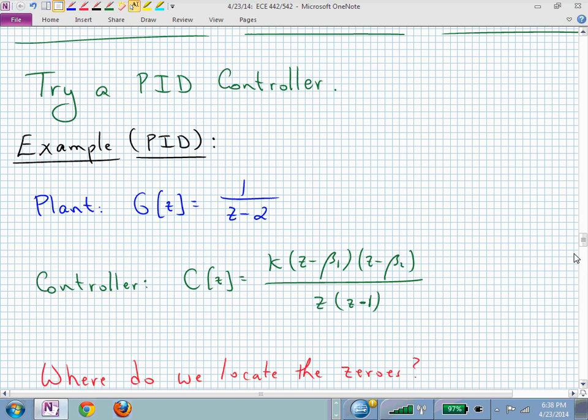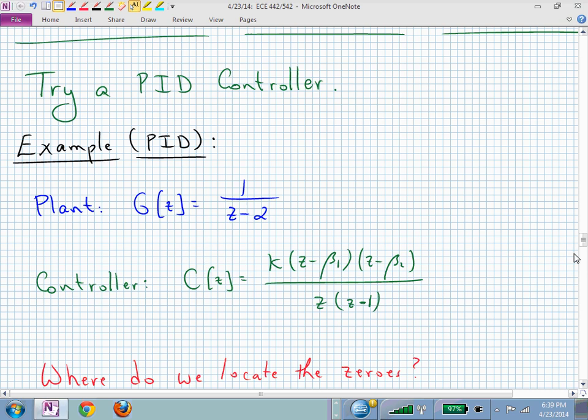Meaning you would have to equate the numerators and figure out where is the integral gain relative to the betas and the k's. The k should be the proportional gain, so you know how to pick that. But then the beta 1 and beta 2 you would have to relate to the sample period and to the integral time and the derivative time, and we're skipping over that process. We didn't explicitly go through that.